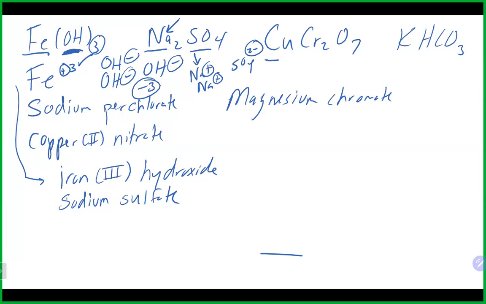Next, we have Cu, which is copper, a metal, and a little dichromate action happening there. So copper, which is a transition metal, means it's a type 2, and we do need a Roman numeral. So again, looking at the metal, this guy will tell us we need some Roman numeral action. And here we would look at the chromate, or dichromate in this case.